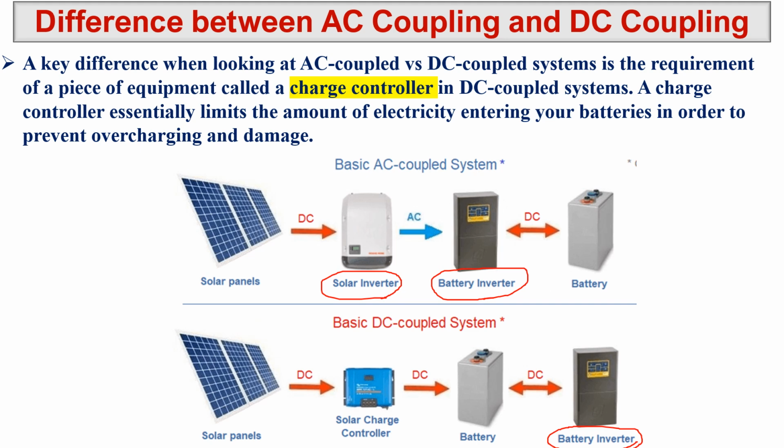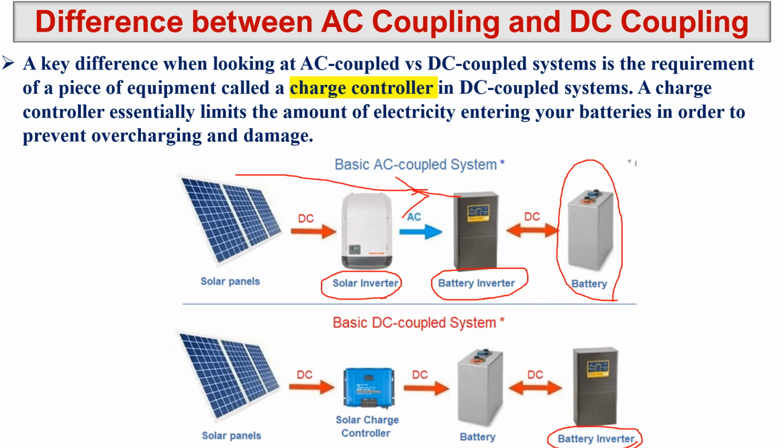Another way you can easily differentiate: in the AC coupled system, battery charging is the last option. The option means, in the current flow path, it is the last step. First, you convert all the power to AC supply. Then from here you supply to the house.